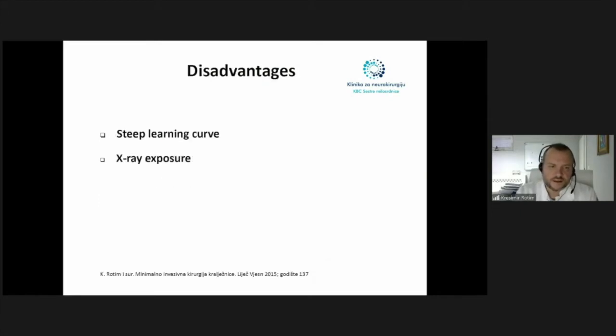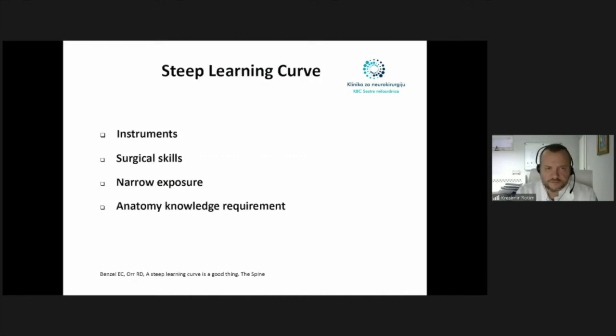Disadvantages could be the X-ray exposure that the surgeons and their team are exposed to, and of course the learning curve that is usually steep, and sometimes the financial aspect is important because those instruments have to be ordered and paid for.